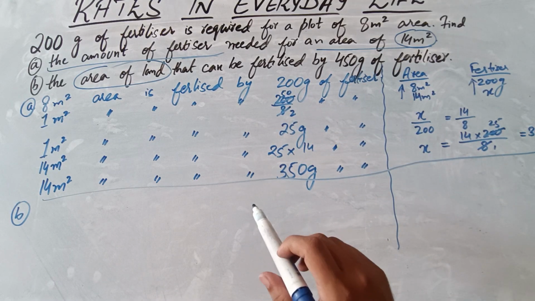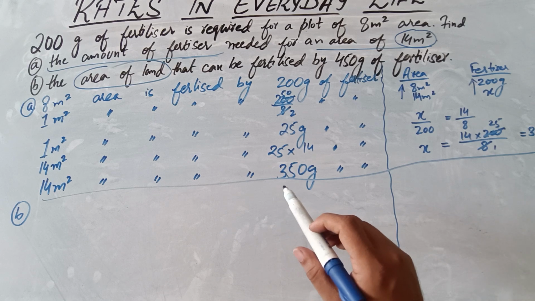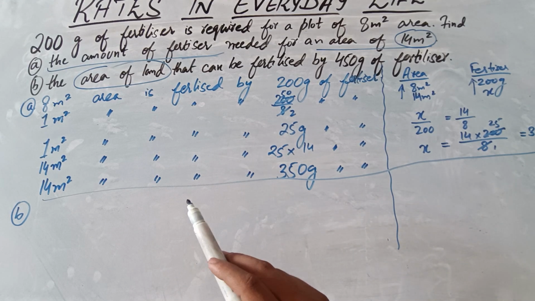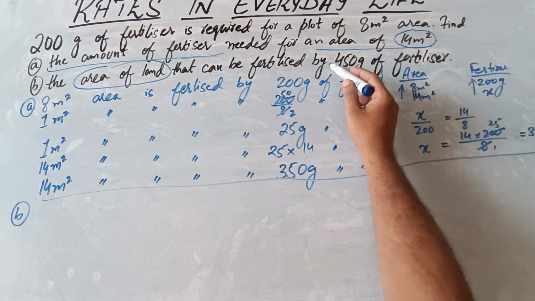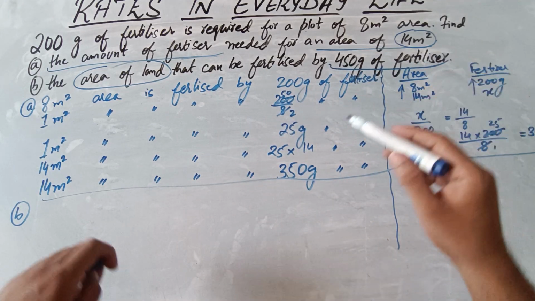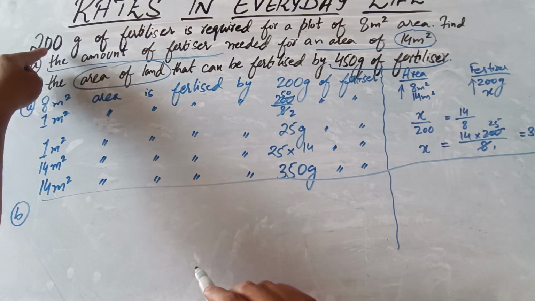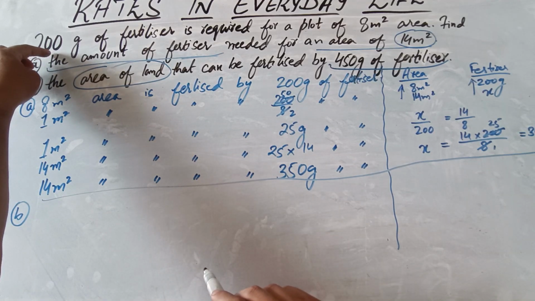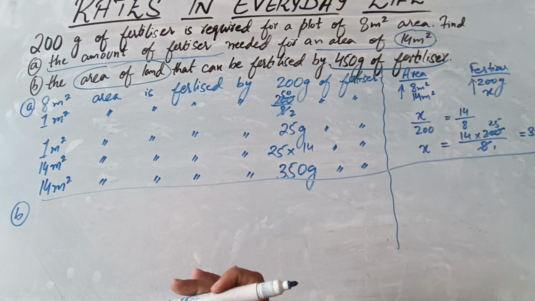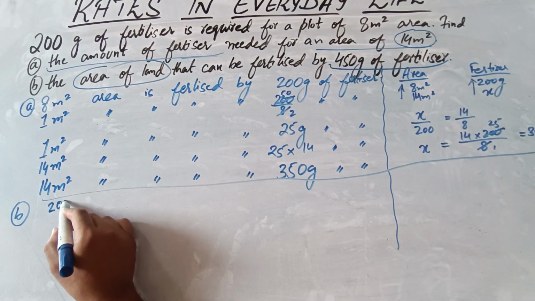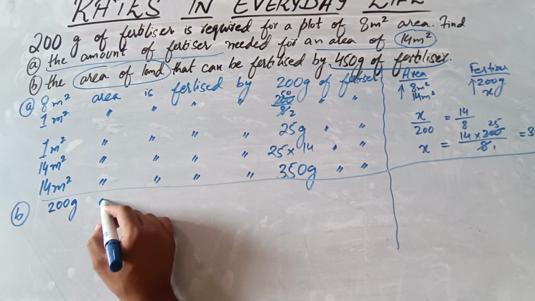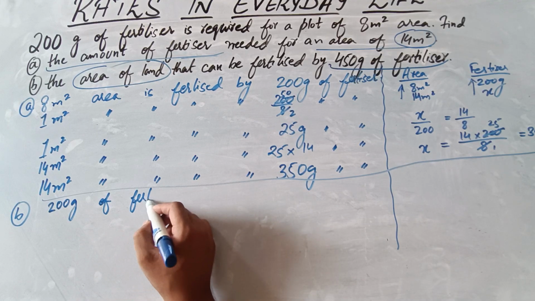So how will we start this question? We will start with the given quantity. Fertilizer is given, so fertilizer should be on our left hand side. So we will start with the given thing, that 200 gram of fertilizer is required for 8 meter square area.